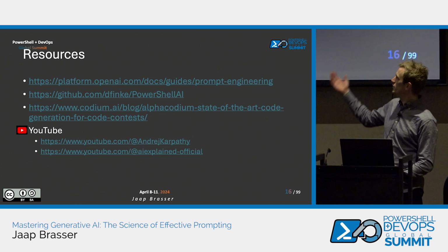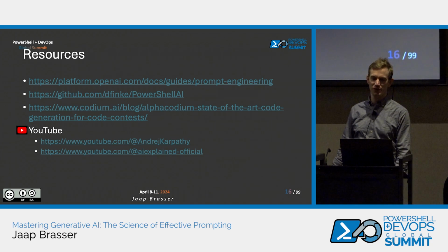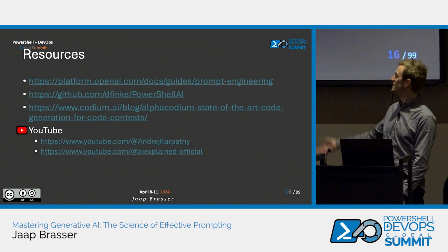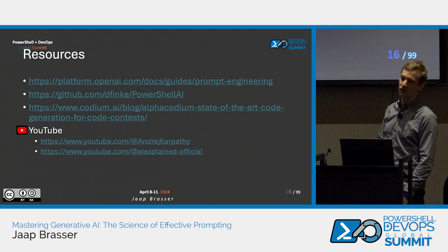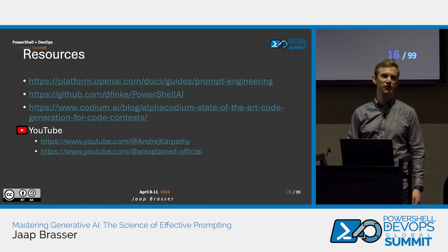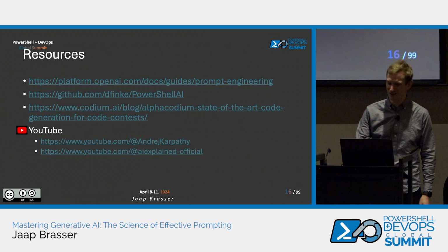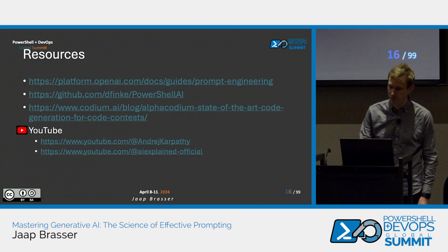I figured that there are some YouTube links in there as well. It's a bit hard to pick my favorites, but I really appreciate the content that Andrej Karpathy makes. AI Explained is also a good one that is not too hip, where every week it's the most exciting thing that ever happened, but yeah, explains it quite well.